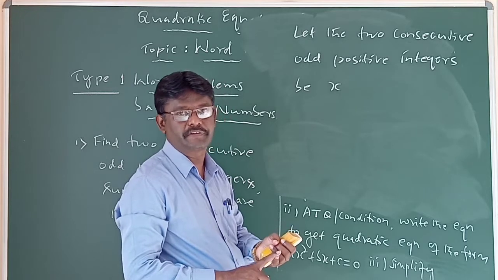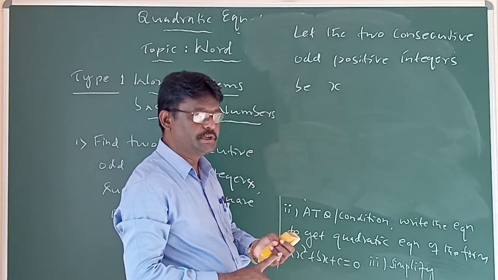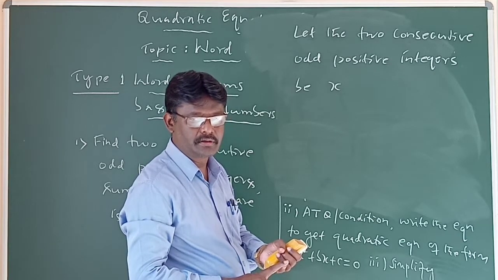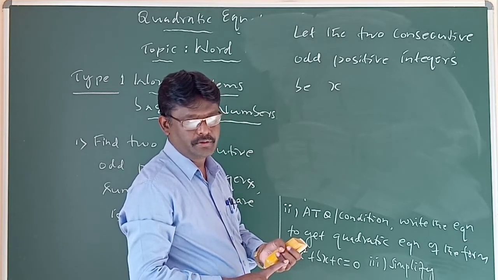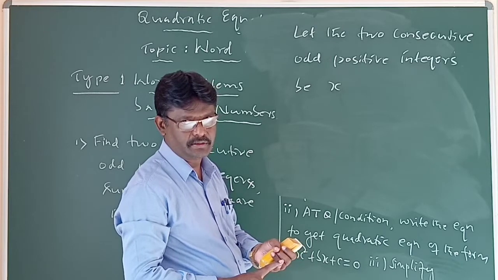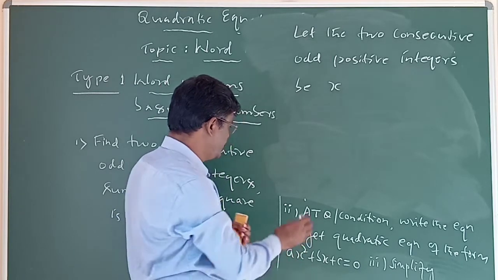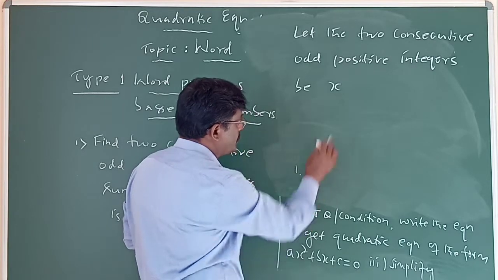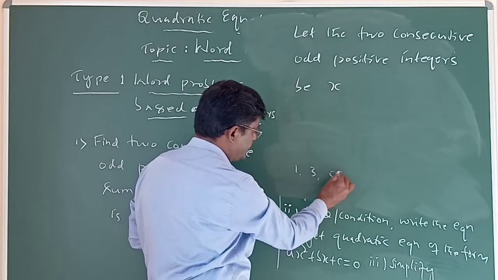Can you guess the second? Two positive odd integers. Can it be x plus 1? No. Can it be x plus 3? No. In general, look at children, the positive odd integers are 1, 3, 5 like that.